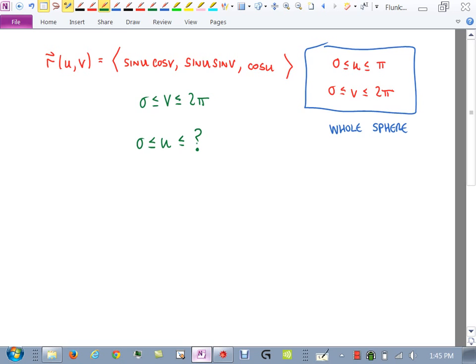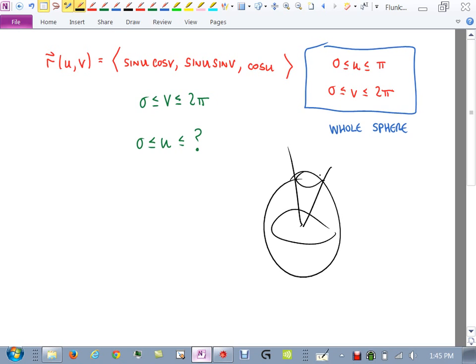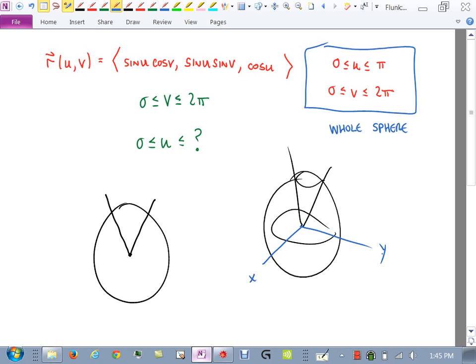So one way to do this would be, take a look at this thing. You have your cone coming out of it like this. If we cut this thing in half, just slice it right down the middle, then we would be looking at it like this. Let's say the x-axis was here, the y-axis was here, and I cut down the YZ plane so that I'm looking at this.